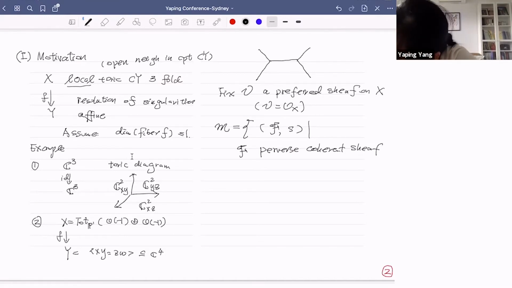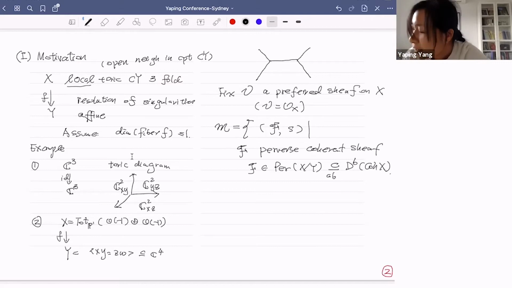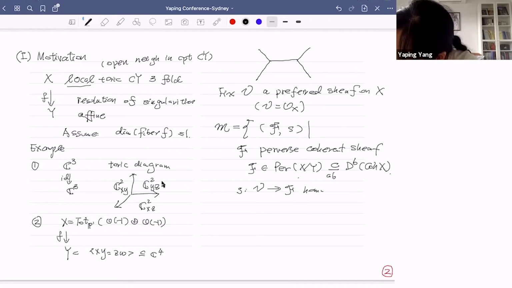I will use the notation F lies in Perv(X/Y). This category of perverse coherent sheaves is an abelian category in the derived category of coherent sheaves on X, so the elements here are complexes of coherent sheaves. The perversity is given by this function F, the resolution of singularity. And S is the framing, a homomorphism from the sheaf V to F.